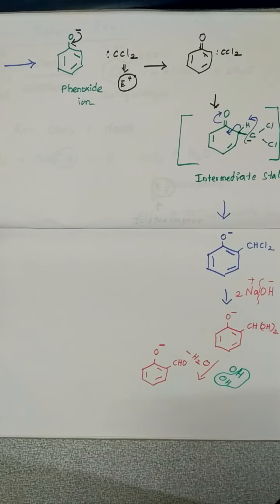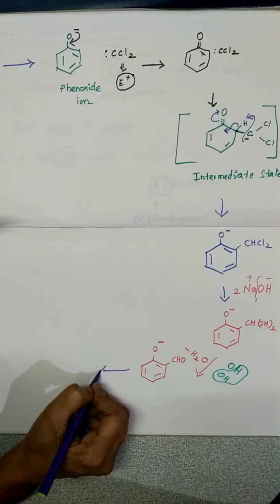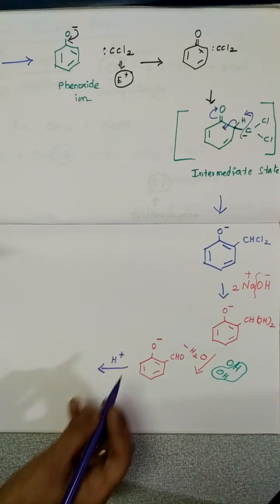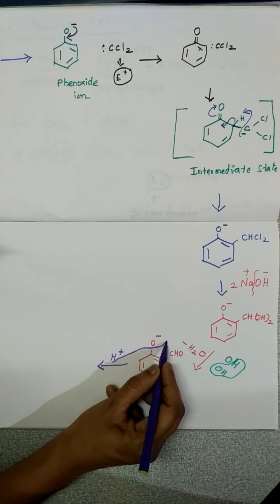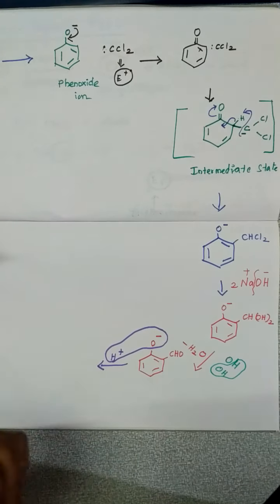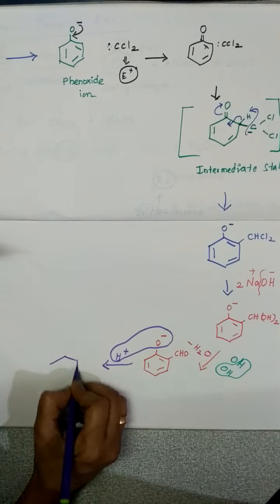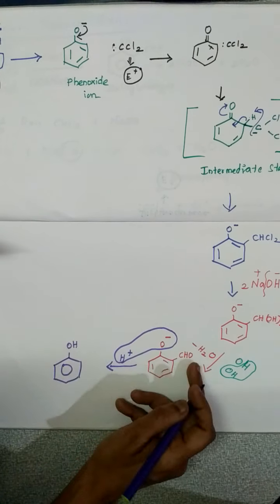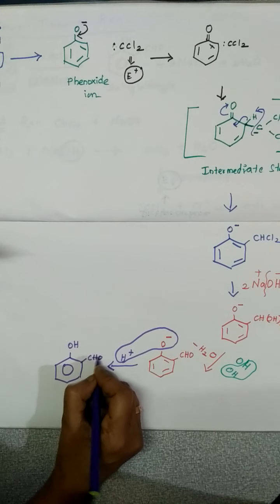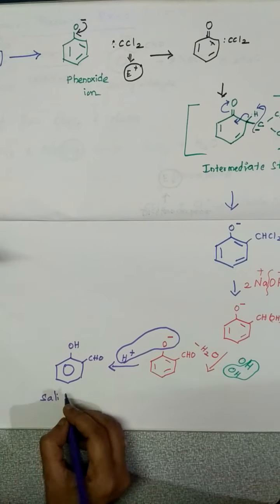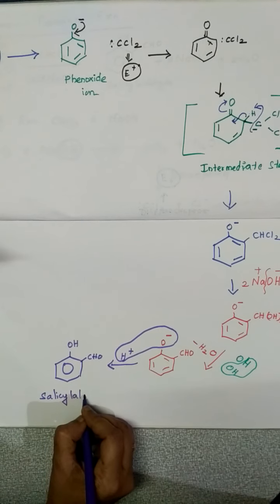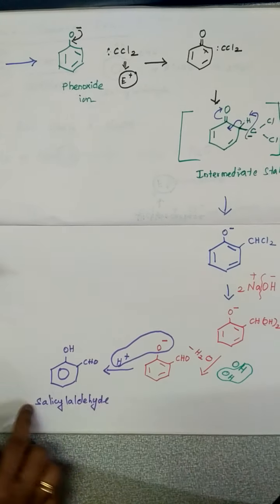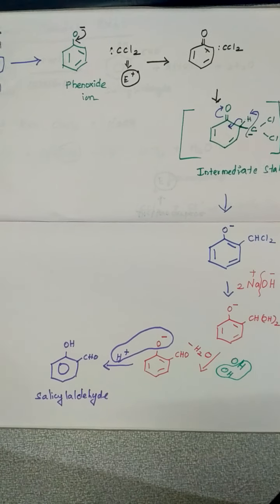Next, at this stage, I am going to introduce H plus. This H plus and O minus combine, and the product formed will be salicylaldehyde, with OH and this CHO. So this is how salicylaldehyde is formed from phenol.